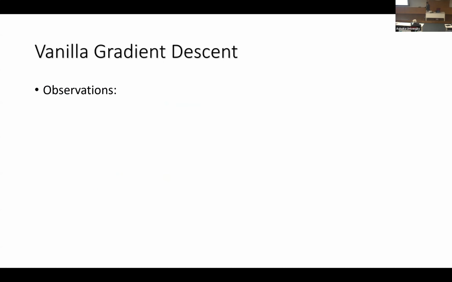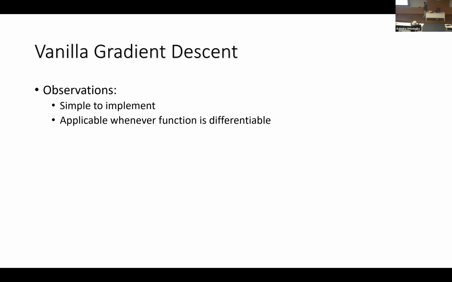If I conclude this discussion on vanilla gradient descent, it is definitely simple to implement as long as you can calculate the gradient. It is applicable whenever the function is differentiable, because then you can calculate the gradient. It works for large n with low memory requirement. We didn't discuss it, but no matter how large n is, even if n is 1 million, all you need to do at every iteration is calculate the gradient.